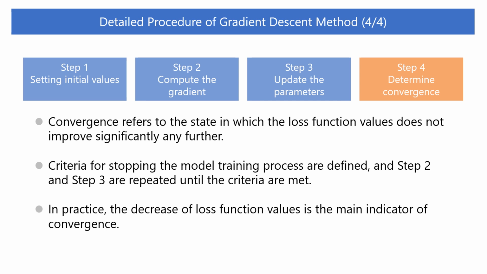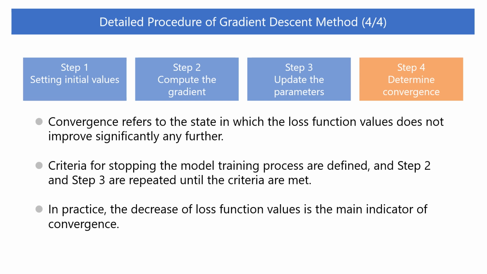In the fourth step, determining convergence, we observe whether the learning process is approaching its end. Convergence here refers to the state in which the value of the loss function does not improve significantly any further, or, to put it another way, the parameters have stabilized to their optimal values through a process of repeated updates.